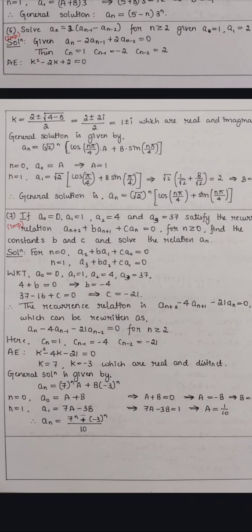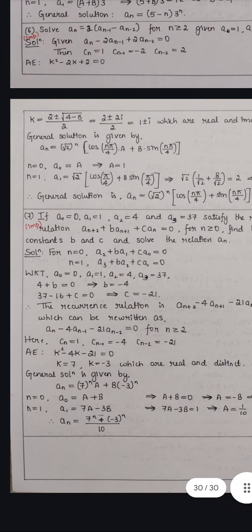Since they have already given a0 is 0, a1 is 1, a2 is 4 and a3 is 37, 4 plus b equals to 0, so b equals to minus 4. Then 37 minus 16 plus c equals to 0, that is c equals to minus 21.